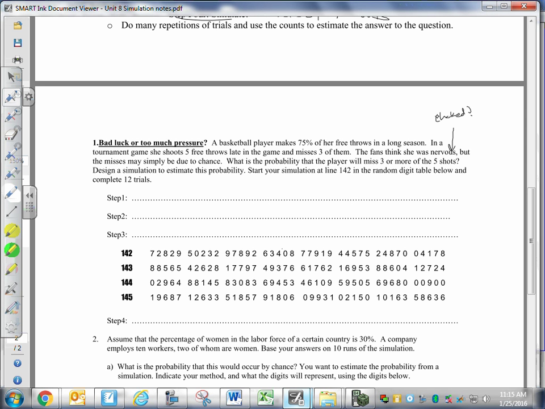This is important. Step 1, where you're going to assign the digits. There's a 75% chance that this girl, this great basketball player, is going to make a free throw. What numbers would I use for a made free throw?